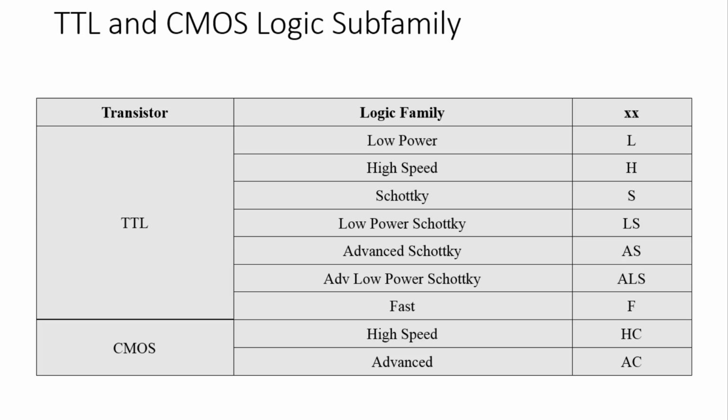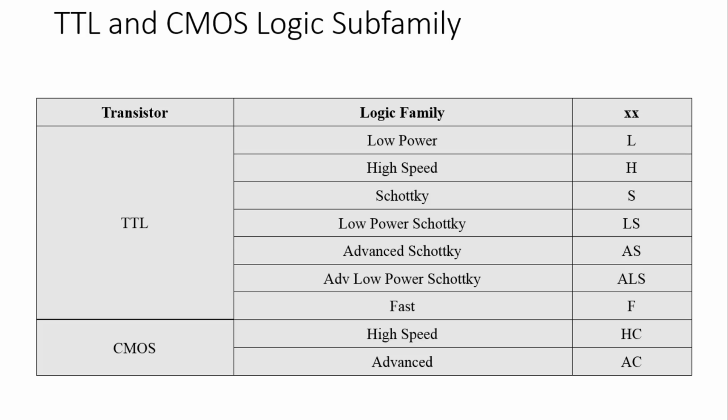Symbolically they are represented as L for low power, H for high speed, S for Schottky, LS for low power Schottky, AS for advanced Schottky, ALS for advanced low power Schottky, and F for fast. Two slides before, we saw the different configurations of TTL and CMOS families. In that, these letters L, H, S, LS, AS, ALS, F were used, which define the family to which that particular IC belongs.